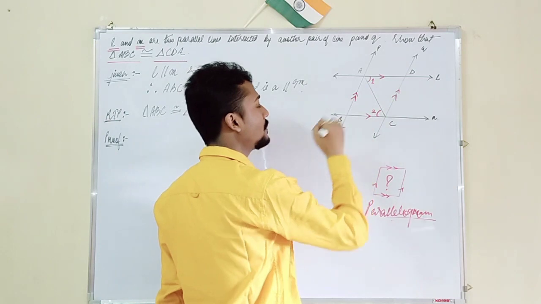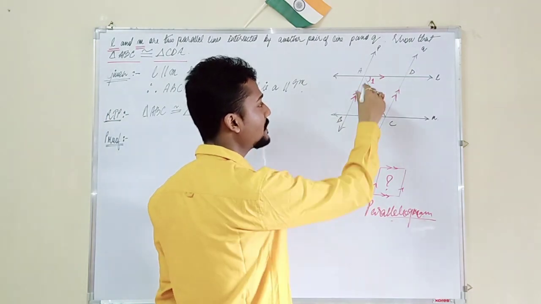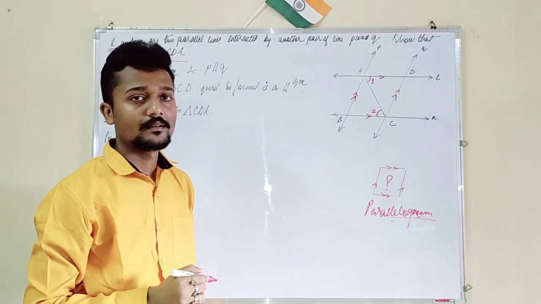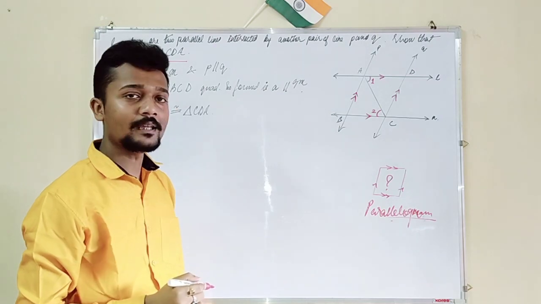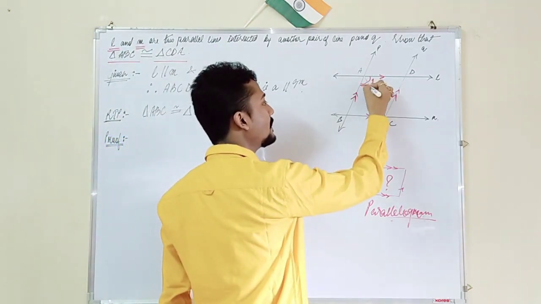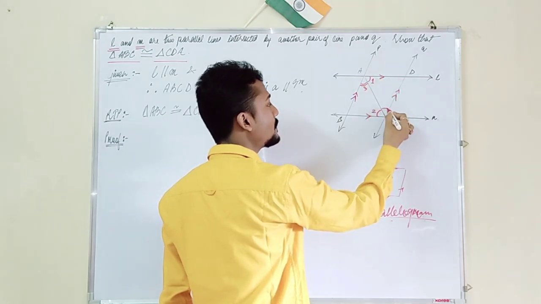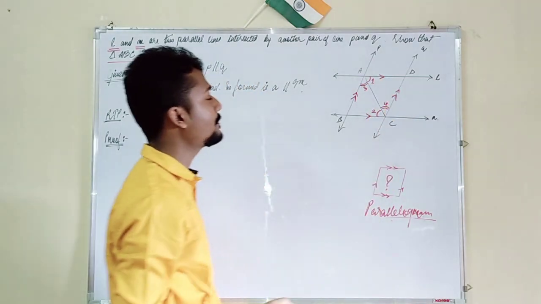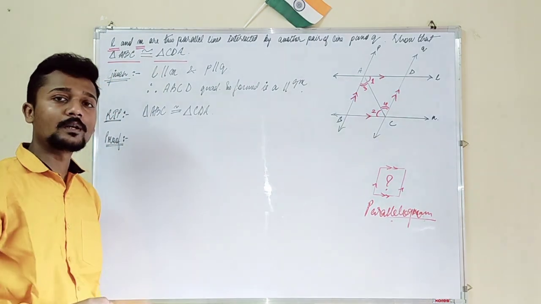Are they equal? Yes, they are equal. Why? By alternate angles. And angle 3 and angle 4, what can I say about them? They are also equal to one another.